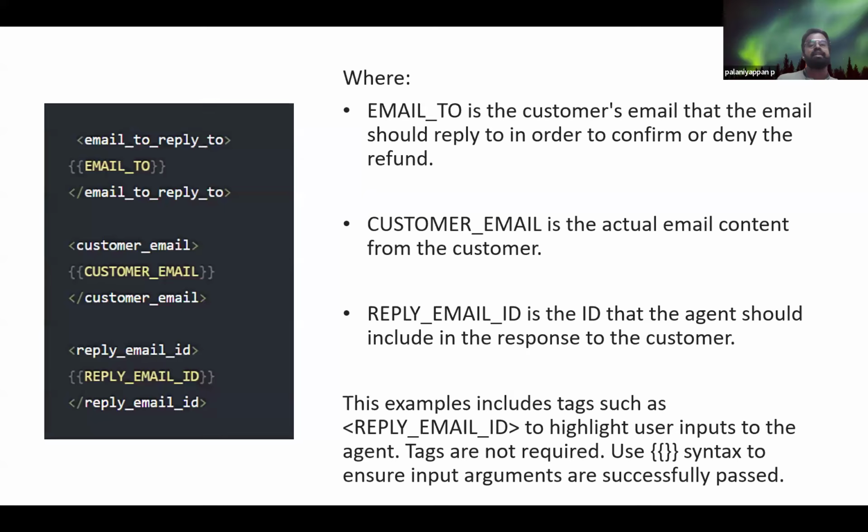You can see some tags like an XML tag before and after, covering an argument, like email to with two curly braces to the left and right. So email to, customer email and reply email ID are the arguments, where email to is an out argument, customer email is the in argument, and reply email ID is again an out argument.